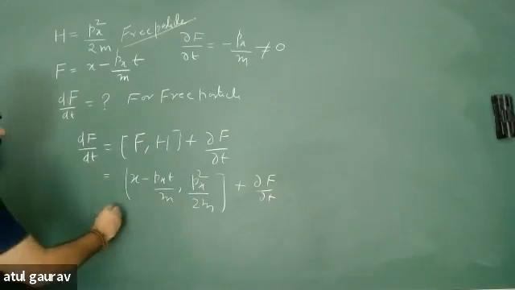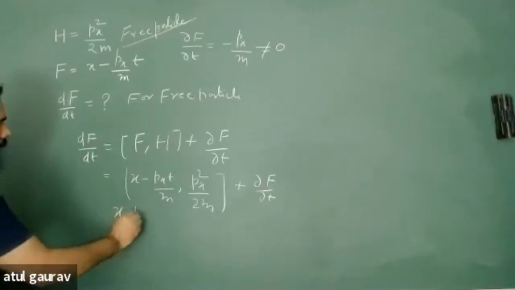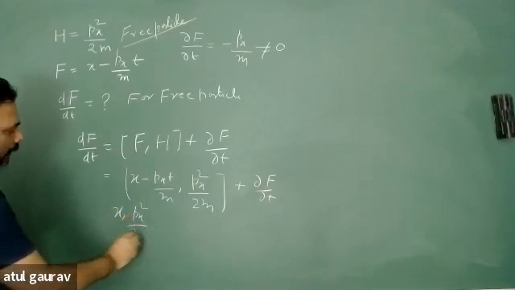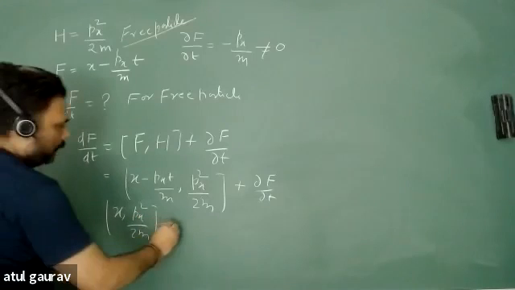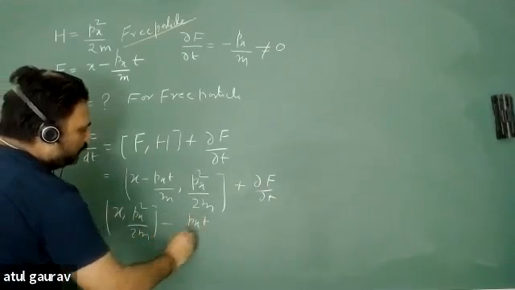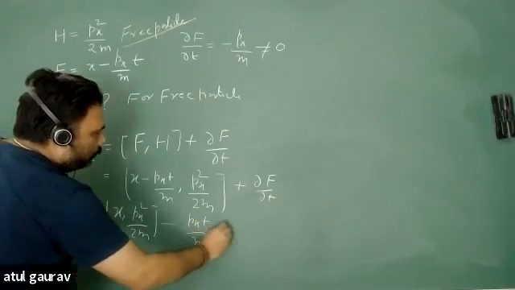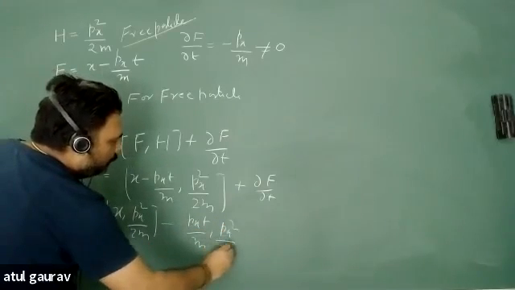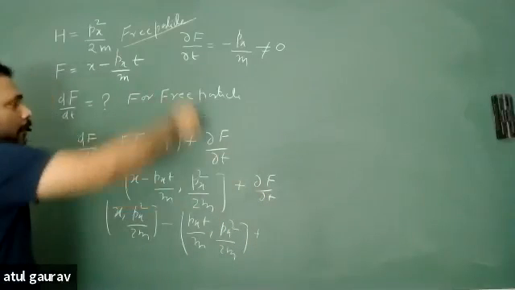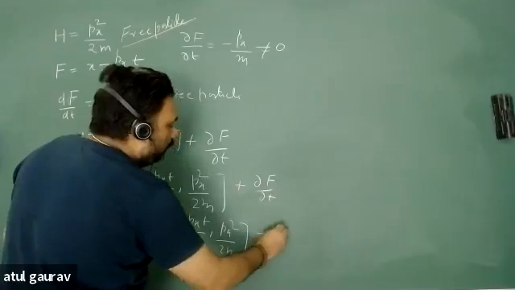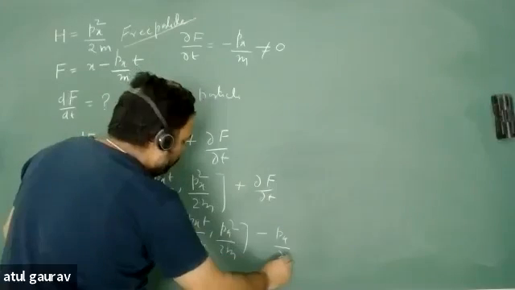Now, the first term will be {x, px²/2m}, minus {pxt/m, px²/2m}, plus, what is ∂f/∂t? It is nothing but minus px/m.